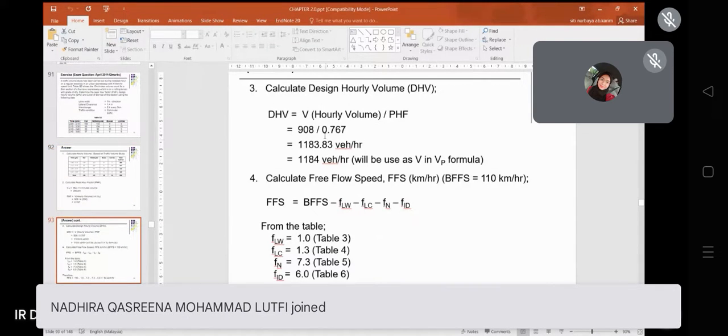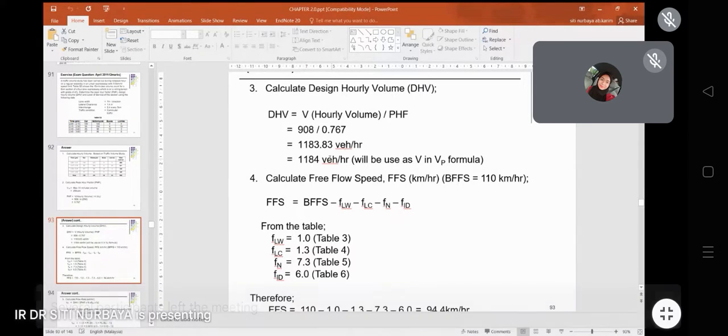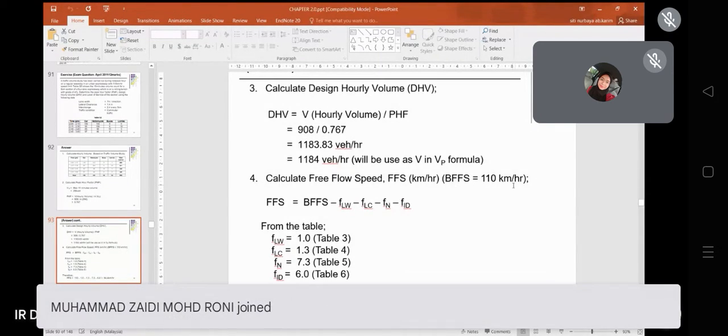Okay, next. Number 3. Please copy this also. Calculate design hourly volume, DHV. And then number 4, calculate the free flow speed, by using the base free flow speed 110 kilometer per hour.